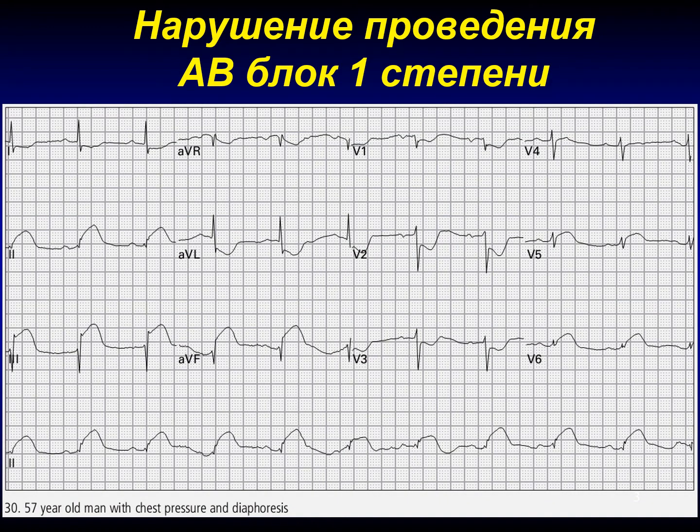Then AV blockage. We have 3 degrees of AV blockage. First degree is the minimal degree of AV blockage, characterized by prolongation of the PQ interval. Only prolongation of the PQ interval more than 0.12 seconds.